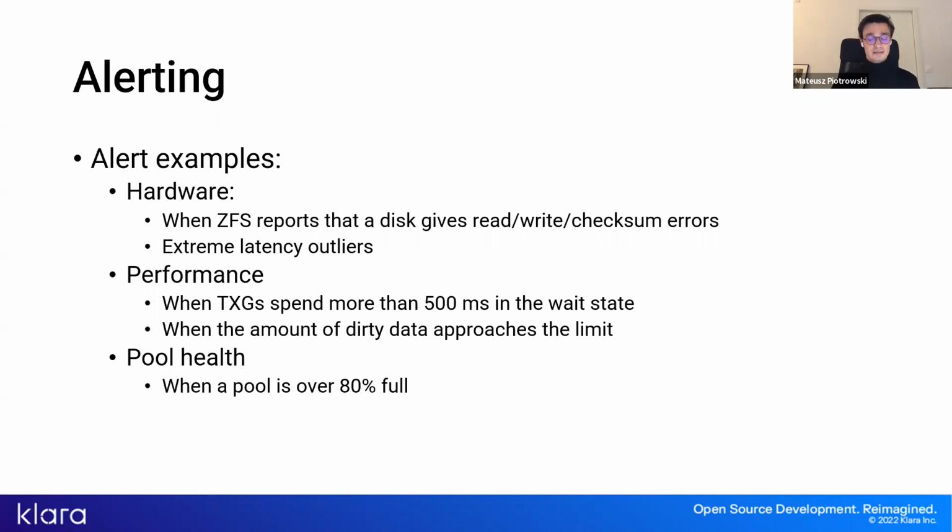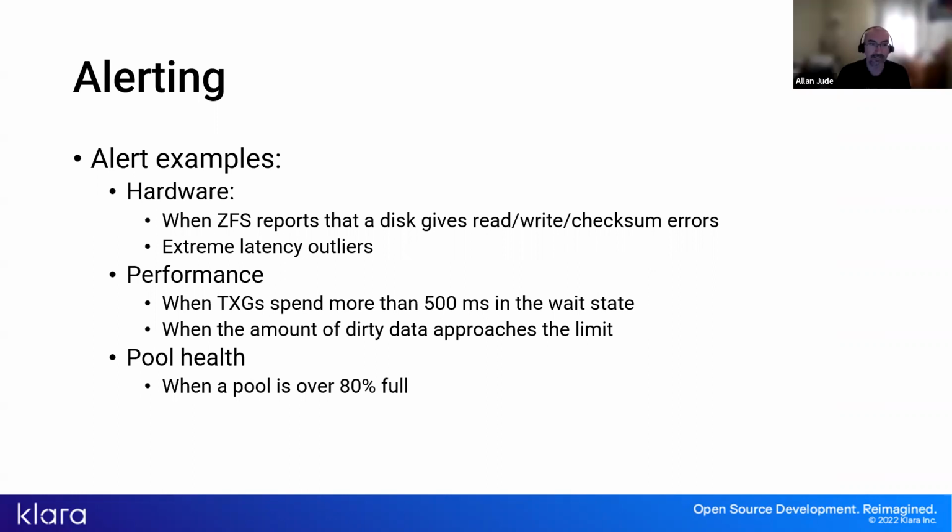Whenever ZFS tells you that there are read, write, or checksum errors with your VDEV, you can alert on that and have someone investigate what's happening with this specific disk, because it could be that the disk is starting to fail and it has to be replaced. But it also could be a transient error, right? So it may go away in some time.